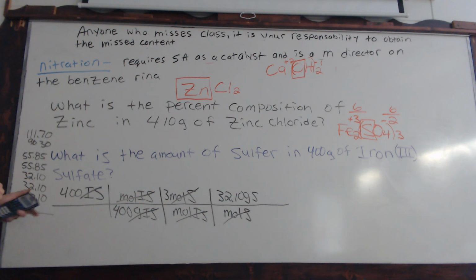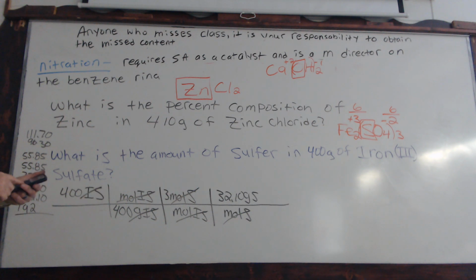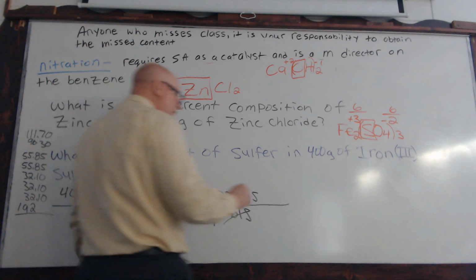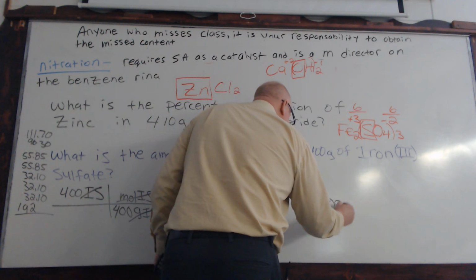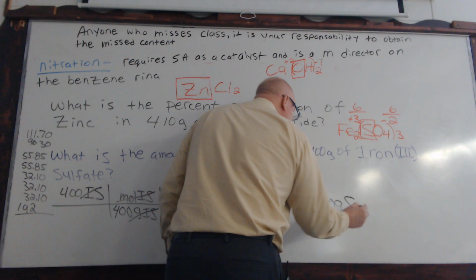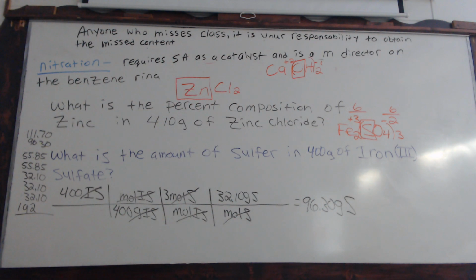That's really all you got to do, because these two cancel each other out. That's why we said, oh, this will be interesting. 3 times 32.1, 96.3 grams of sulfur.